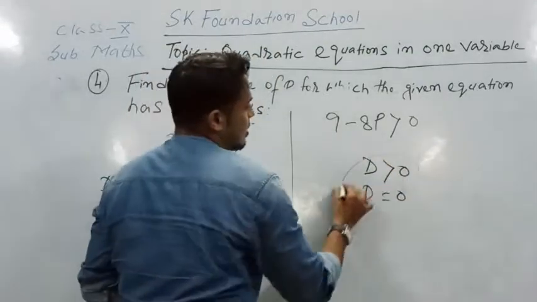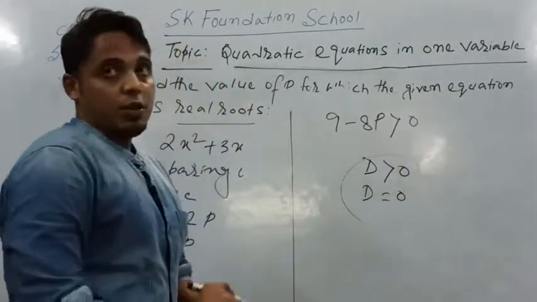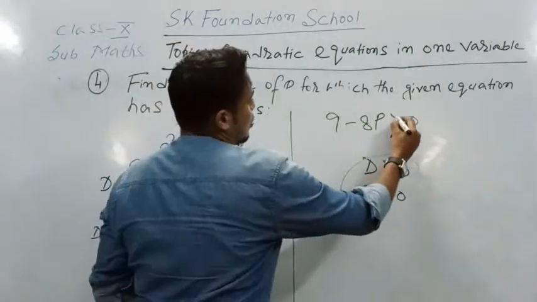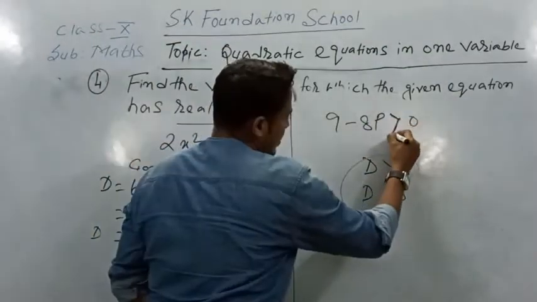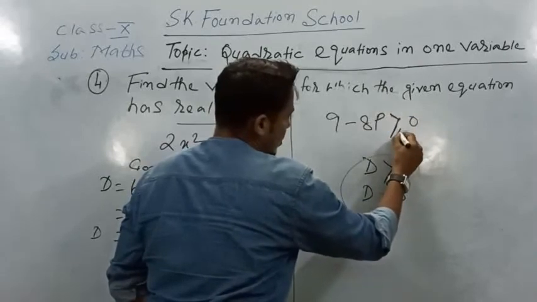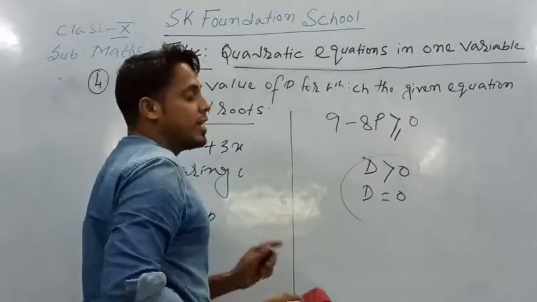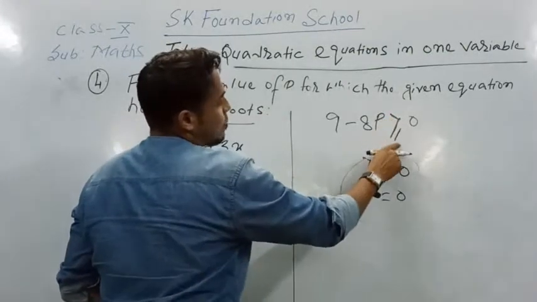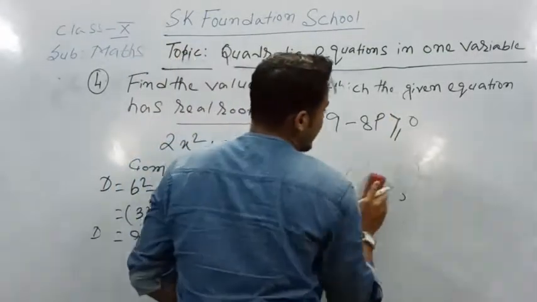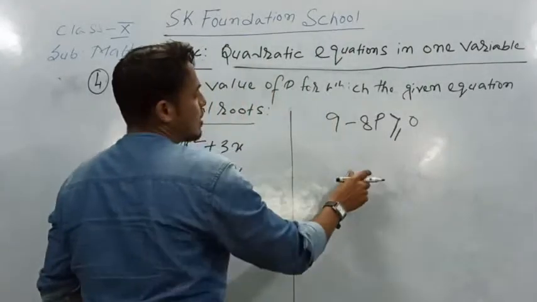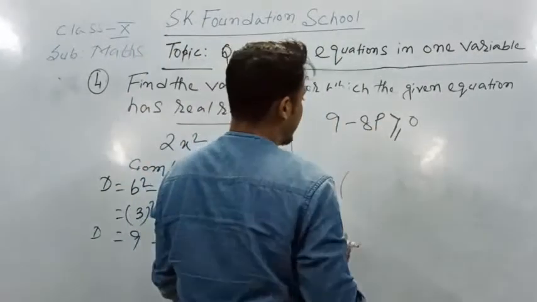So in these two conditions the roots are always real. That's why we put the greater sign and one more sign, which is called greater equal. Okay, so here we fulfill two conditions, one is greater, another is equal. That's why we give this symbol, called the greater equal sign.